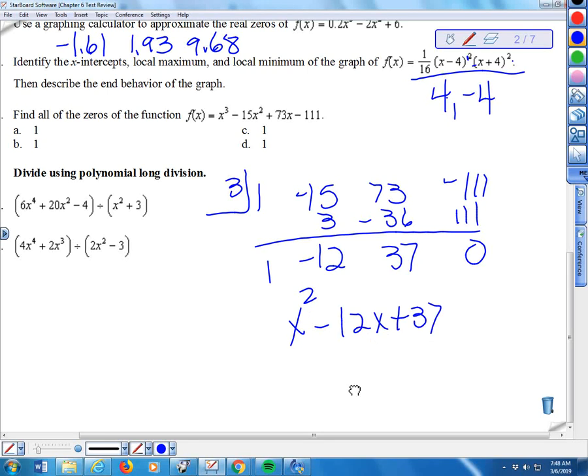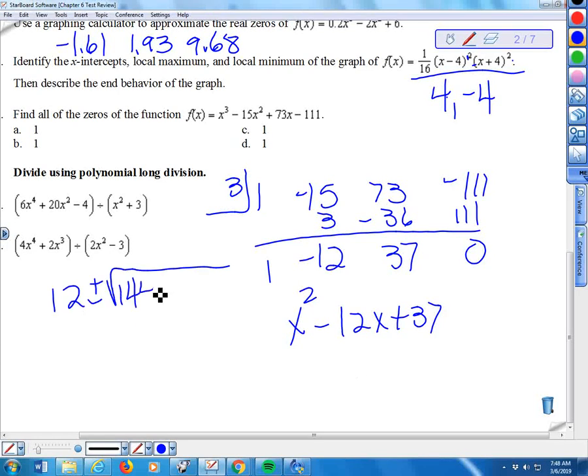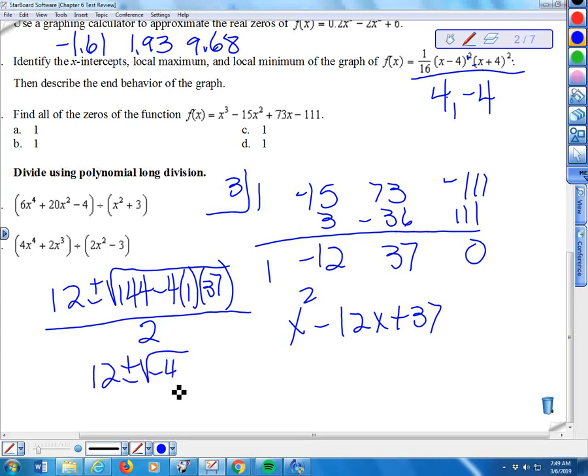Because it didn't appear on my graph that there were any other zeros, I know this is going to be an irrational or possibly even an imaginary. So I'm going to use the quadratic formula. 12 plus or minus the square root of 144, which is 12 squared, minus 4 times 1 times 37, all over 2 times 1 is 2. 144 minus 37 times 4, yep, is going to be 12 plus or minus the square root of negative 4, all over 2.